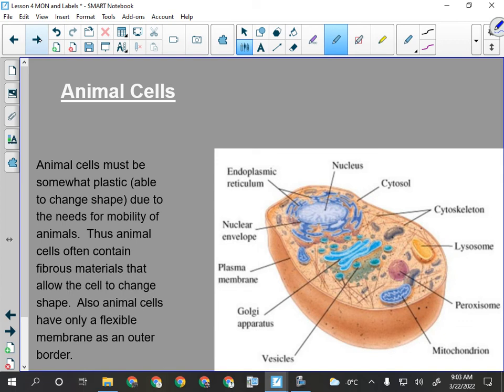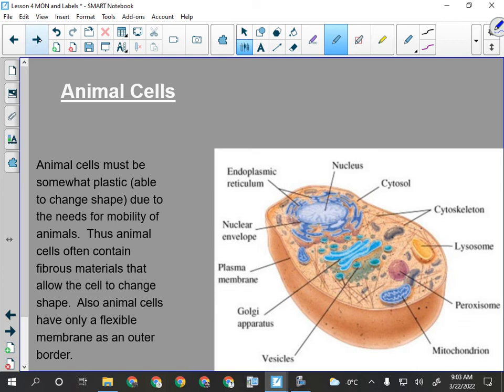And the cell walls of a fungus are made of the same material as the exoskeleton of a bug. That hard, chitinous material. It's actually similar to what your fingernails and hair are made out of. Same material made outside of bugs. All right, so they've got to have that.